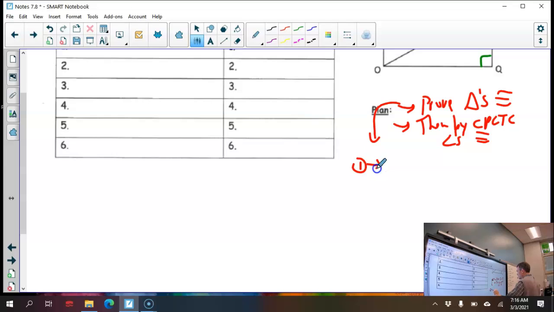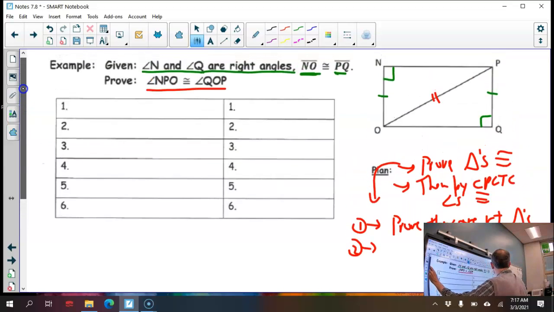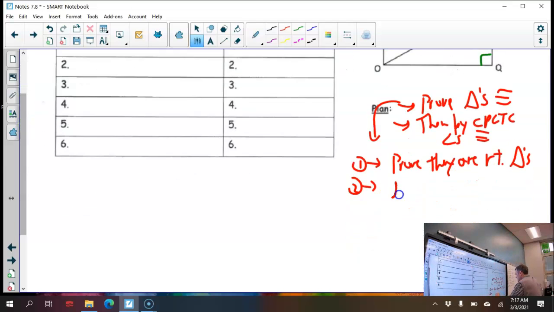Proof number 1 is going to be to prove they are right triangles. Well, they are right triangles. They have right angles in them. Proof number 2 is going to be to prove that NO equals PQ. That's going to be easy.